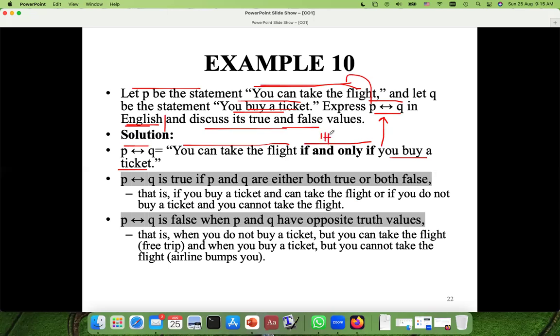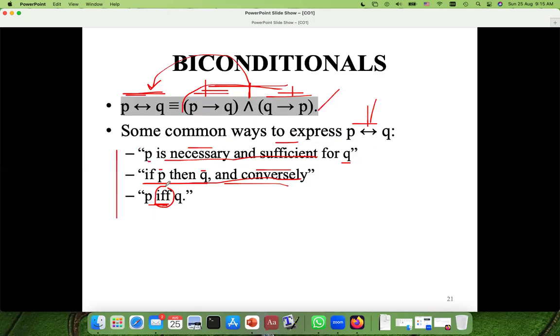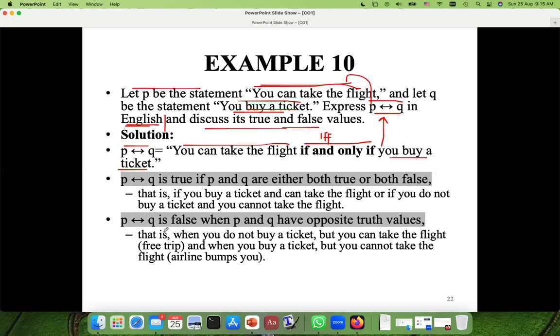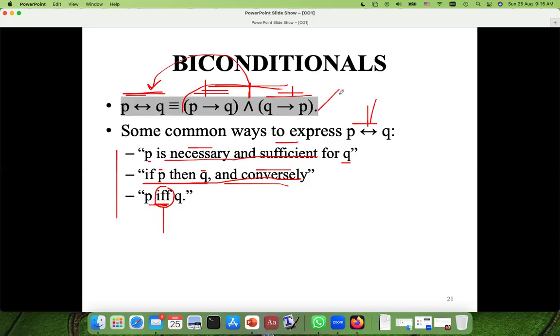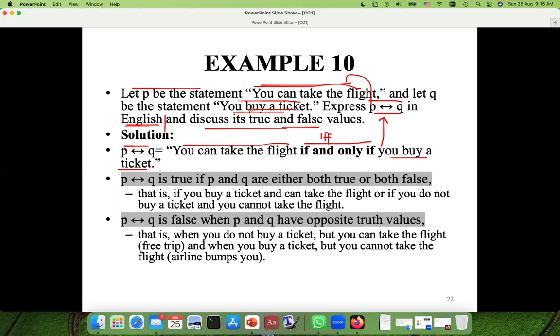I cannot write here because I'm using the mouse. Or you can write, you can take the flight, which is necessary and sufficient for you buy a ticket.